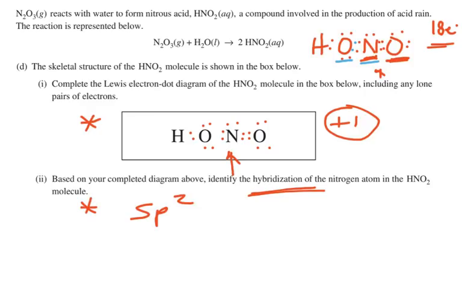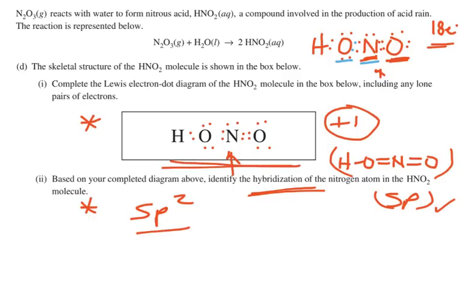So if you drew, and I think a lot of students drew something like this, which is not correct, but if they did, and then they said nitrogen's got 2 bonded atoms, no lone pairs, and they called that sp, then they would have gotten credit, not for this one, but for their answer in II. So anyway, here's the correct structure, and there's the hybridization.